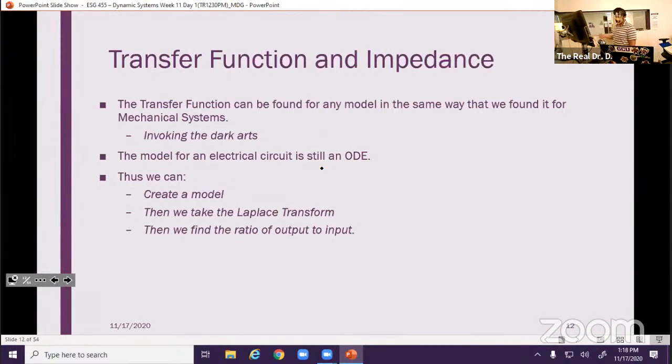Specifically, the model for an electric circuit is still an ODE, and because it's still an ODE, we can still take the Laplace transform of it. Then we can find the ratio of output to input, and that's how we find the transfer function, assuming zero initial conditions.